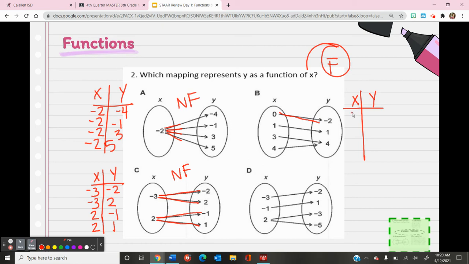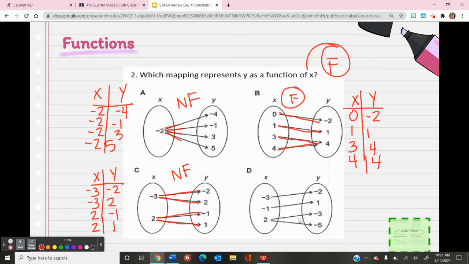I have 0 being paired with -2, 1 being paired with a +1, 3 being paired with a +4, and 4 being paired with a +4. So if you do notice here, none of my x values repeat. I do have my y values repeating, but that's okay. I have 2 x values going to 1 y value. That is also okay. I can't have 1 x value going to 2 different y values. So this is a function.